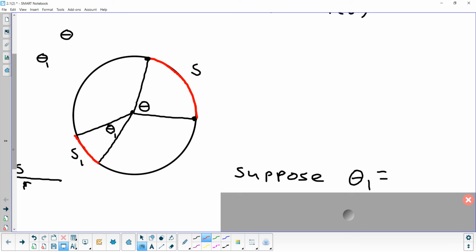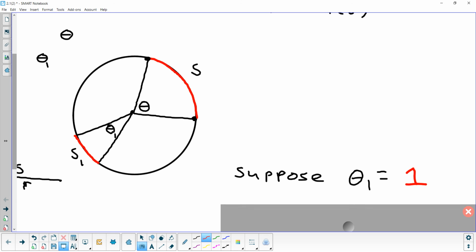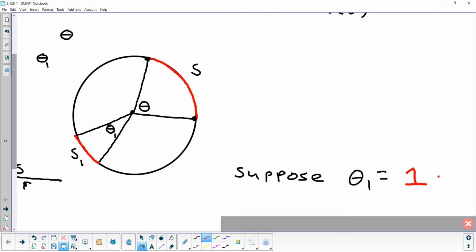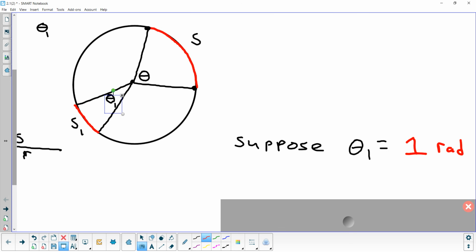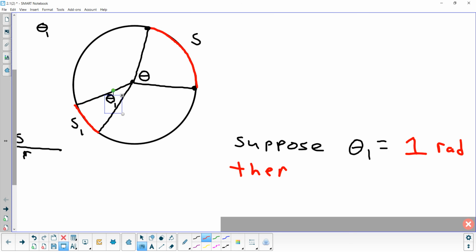Exactly, 1 radian. That's like saying if you have 12 inches, it has to be 1 foot. That's just a fact that's true. If this angle is 1 radian, then S1 has to be equal to the radius.